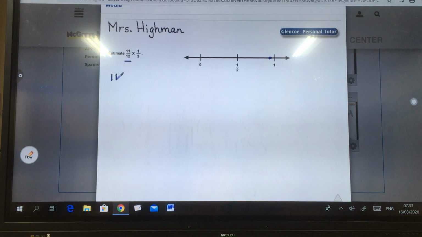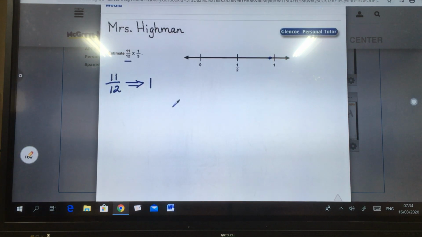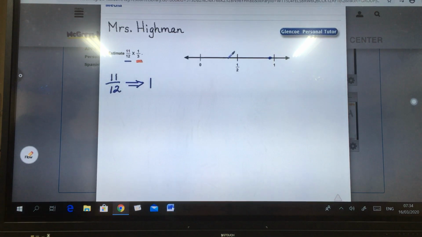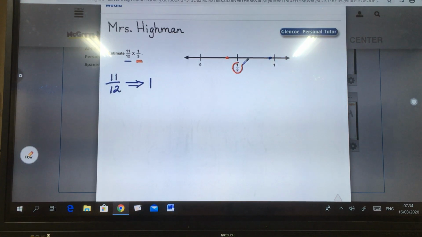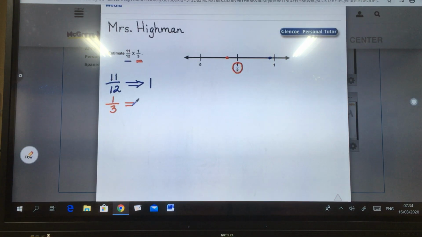So let's round that one. 2, 1. Then we'll take our second fraction, 1/3. And again, if we look at our number line from 0 to 1, this is about 1/3 of the way. And 1/3 is very close to 1/2. So we will round 1/3 to 1/2.